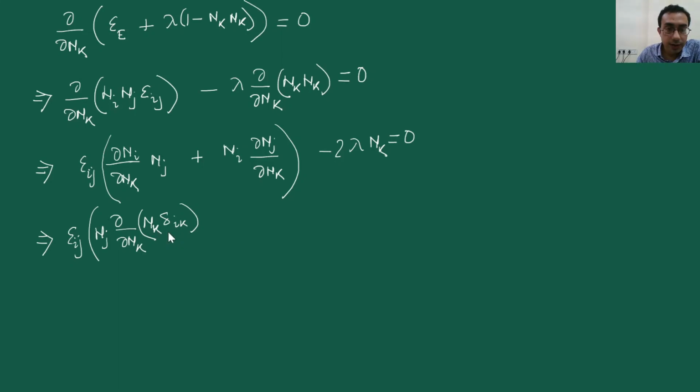You understand that the resulting entity from this is nothing but ni. Nk delta ik is nothing but ni itself. Similar trick I can use for this next term. Again, I will write this as nk and adjust by the substitution power of the Kronecker delta. So this is delta jk, close bracket, minus 2 lambda nk.